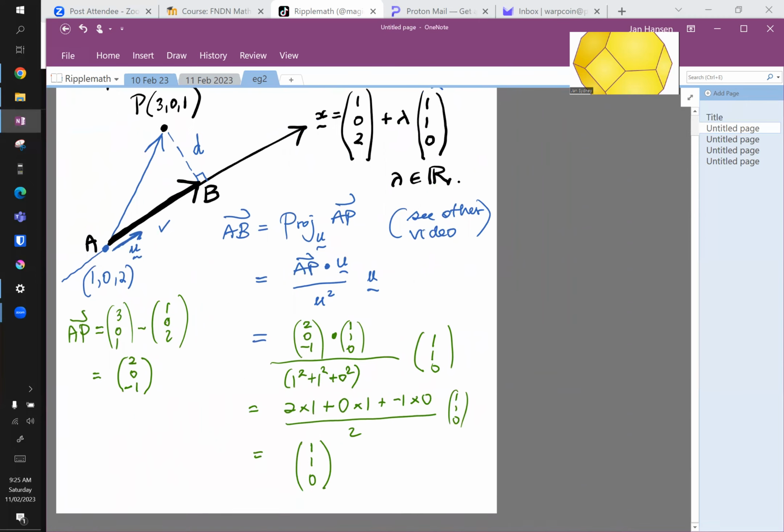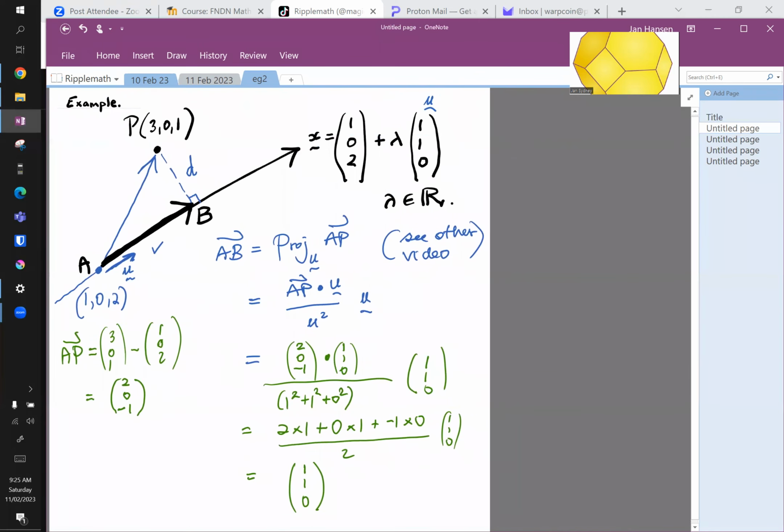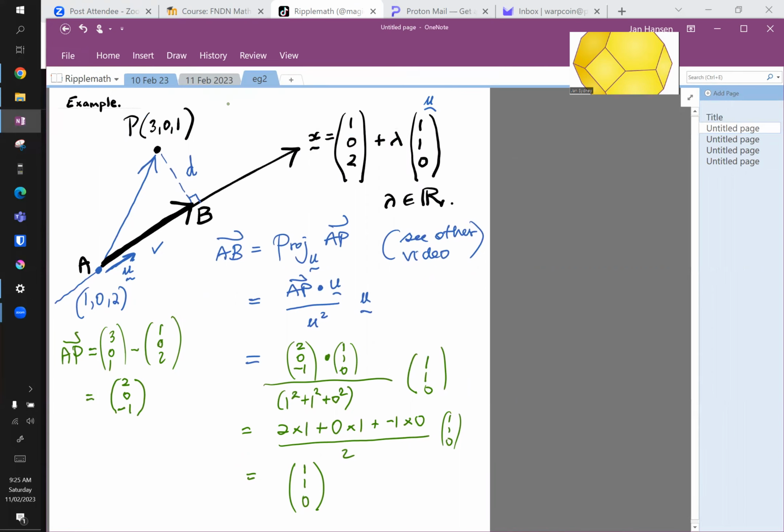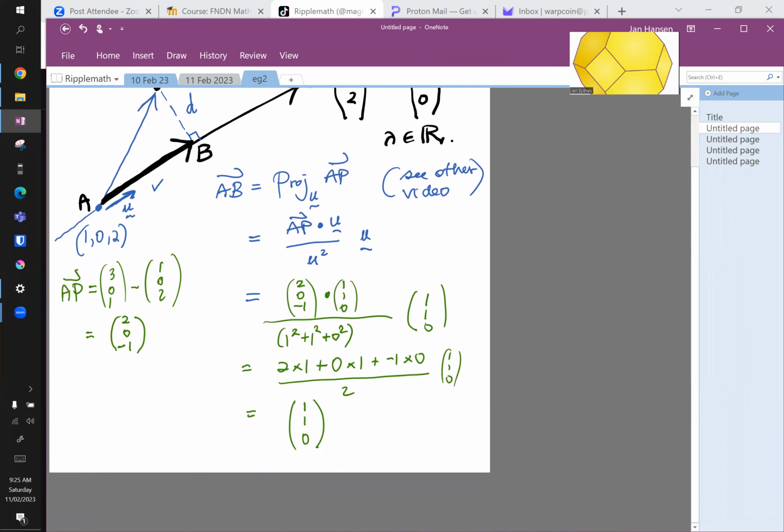I might be running out of space there. So let's just go to step 2. Let's find the magnitude of that vector while we're at it. So the magnitude of AB is equal to root 2.